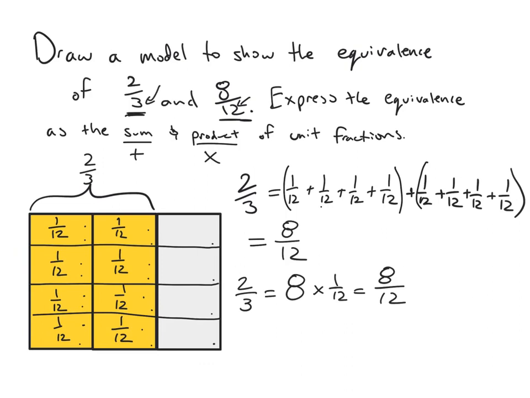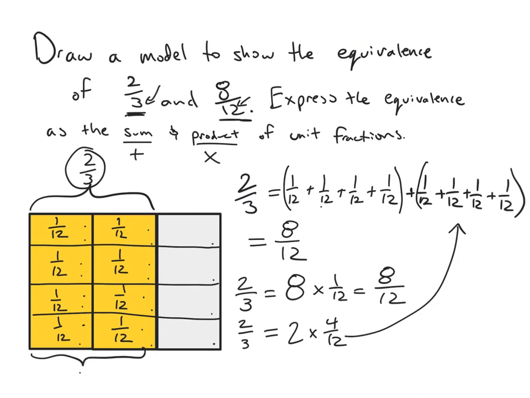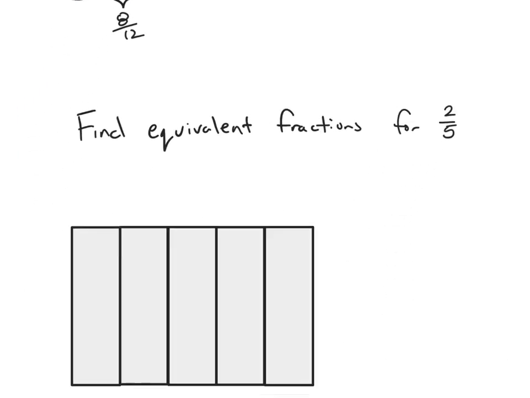And just like before, I can also show the equivalence with a separate multiplication sentence of 2 times 4/12, and that's utilizing the parentheses I had added to my addition sentence from before. So all these different ways show that 2/3 is equal to 8/12.